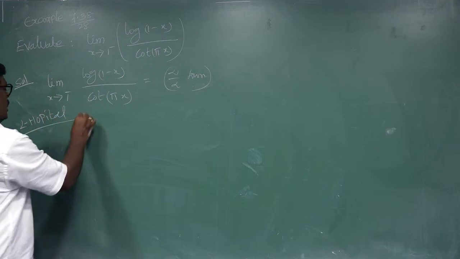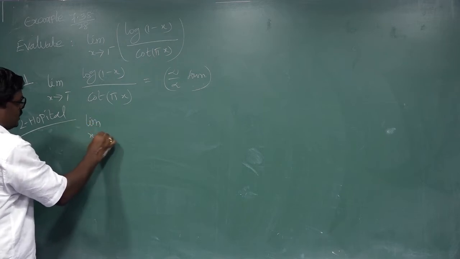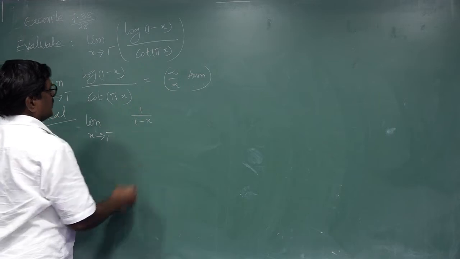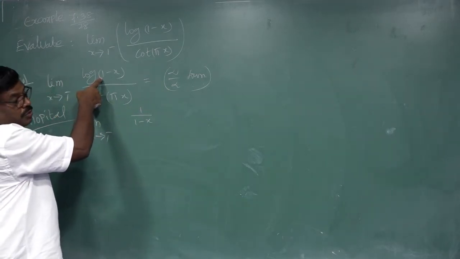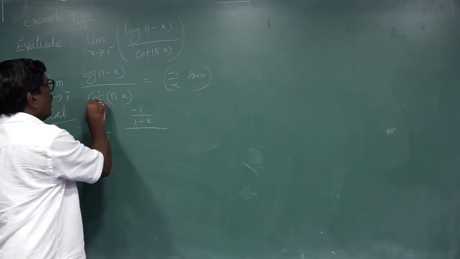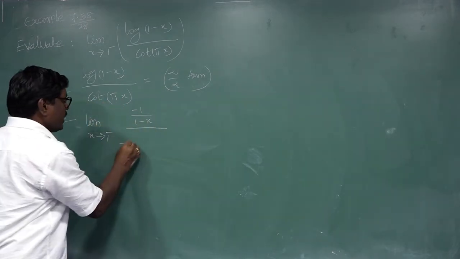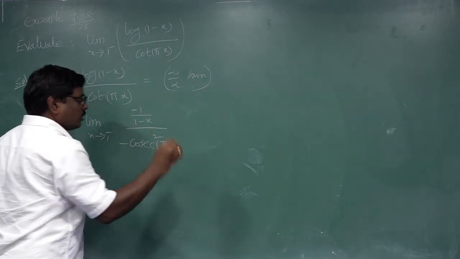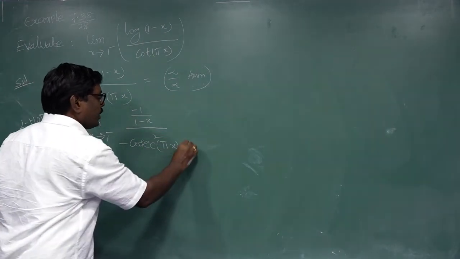L'Hospital rule. Limit x tends to 1 minus, log x derivative is 1 by 1 minus x. Again, 1 derivative 0, minus x derivative minus 1, by cot x derivative, minus cosecant square pi x into inner derivative pi x, derivative pi.